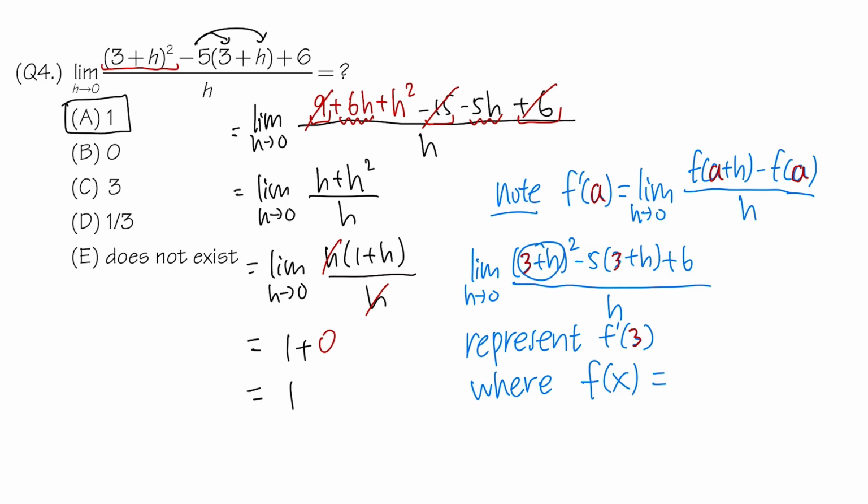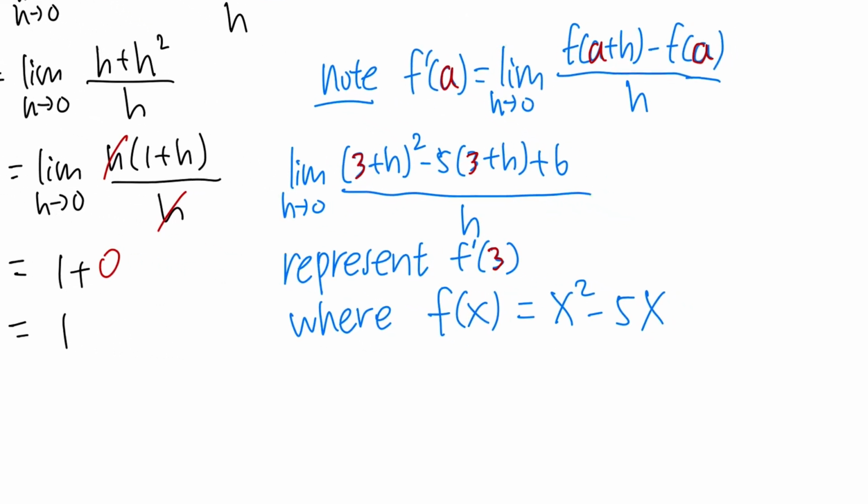We have this thing squared, so it's going to be x squared, and then minus 5 times this thing. Again, it has the same input, so that is x. And this number is just f of a, but it's minus f of a. But I will tell you, this right here is the function. Check this out.